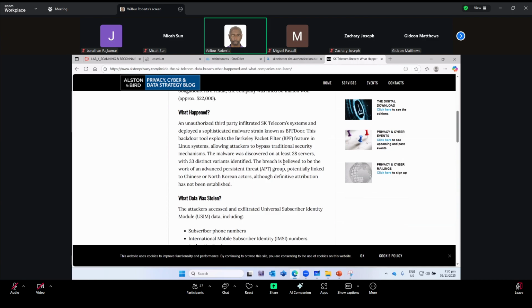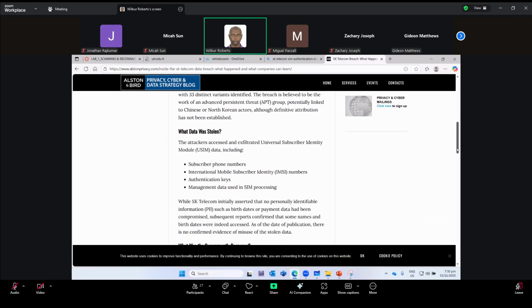The malware was discovered on at least 28 servers with 33 distinct variants identified. The breach is believed to be the work of an advanced persistent threat group, potentially linked to Chinese or North Korean actors, although definitive attribution has not been established. So they can't really pinpoint who did it.